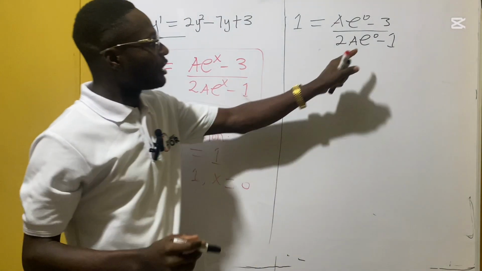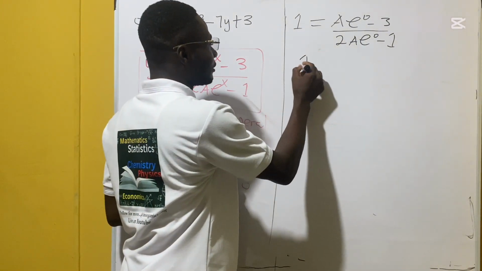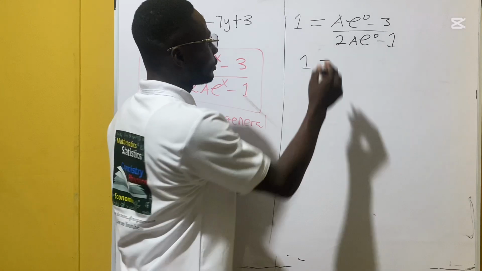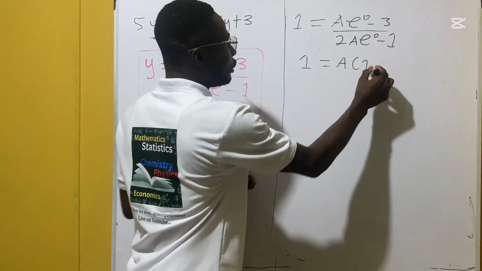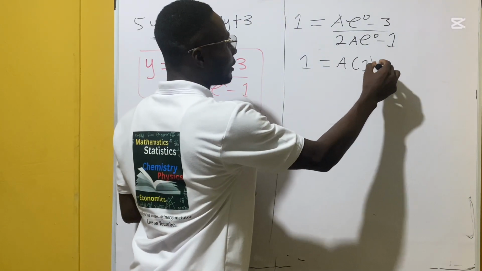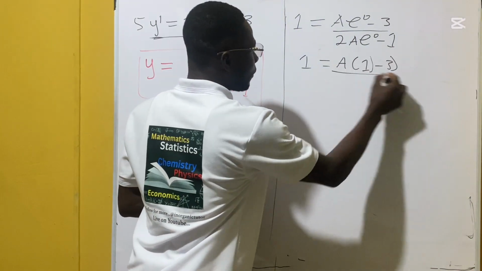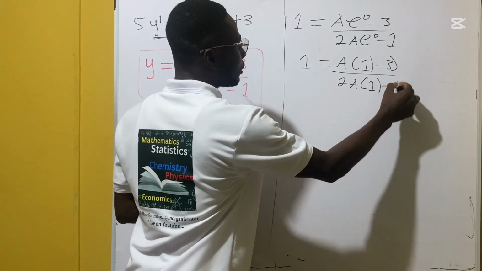Right, so here we are interested in a, so let's keep factorizing. Also, we can simplify this and we have a into, e to the power 0 is always 1. So we have 1 here minus 3 on 2a into 1 minus 1.